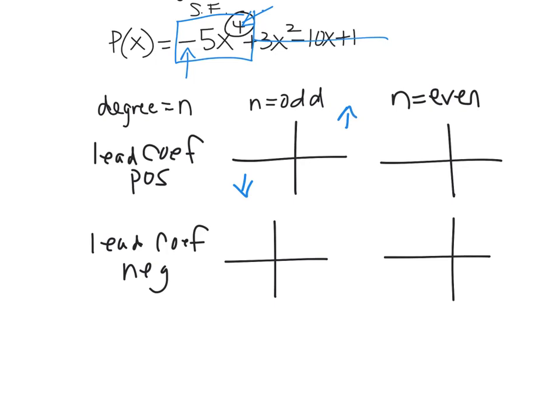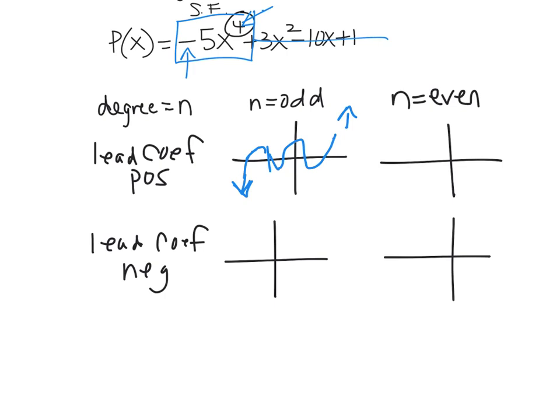Think about just your regular basic cubic function. Now this graph could come through here who knows how many times, it doesn't matter, okay? But if it's odd and positive, it will always fall to the left and rise to the right. Picture y equals positive x cubed. Falls to the left, rises to the right.